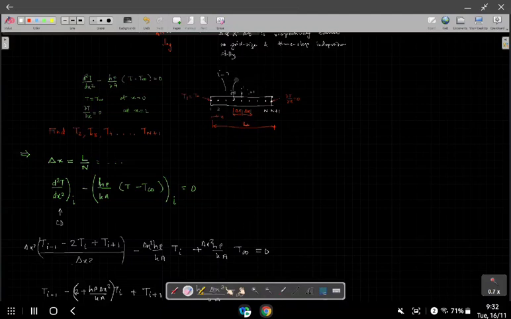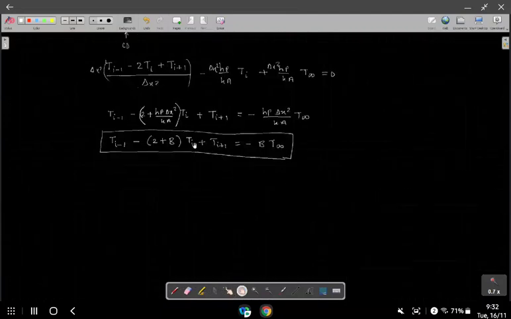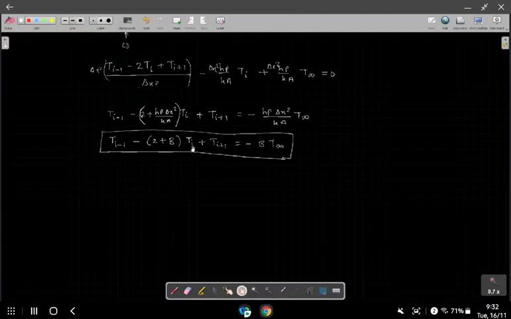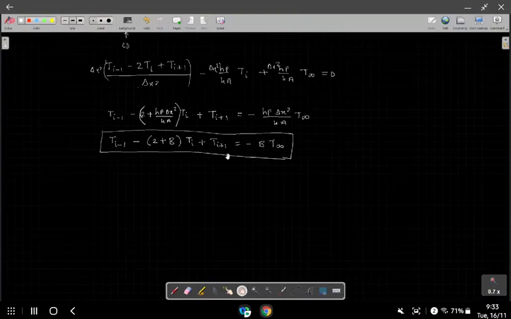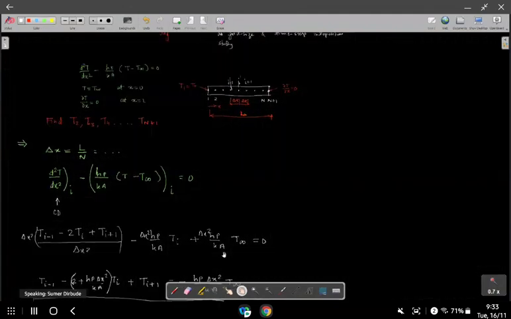The point under consideration is the I point, the point before it is I minus 1, and the point after it is I plus 1. Forward point and backward point, we can say. So this is in terms of the point under consideration and the values before and after it, and this gives a general difference equation.